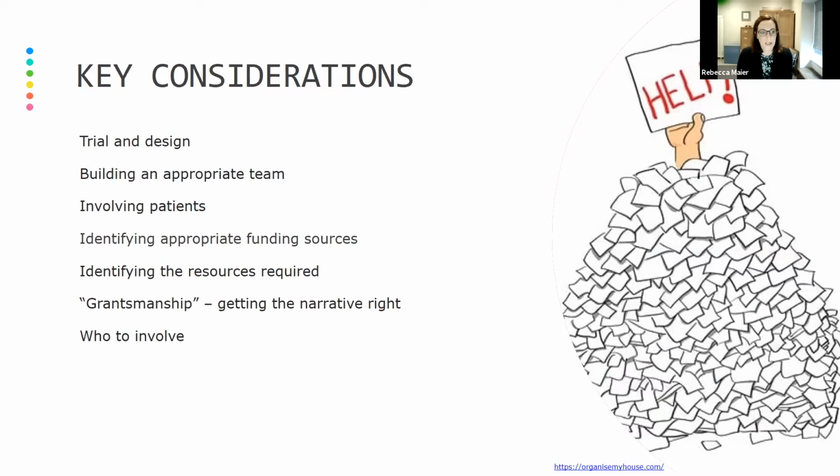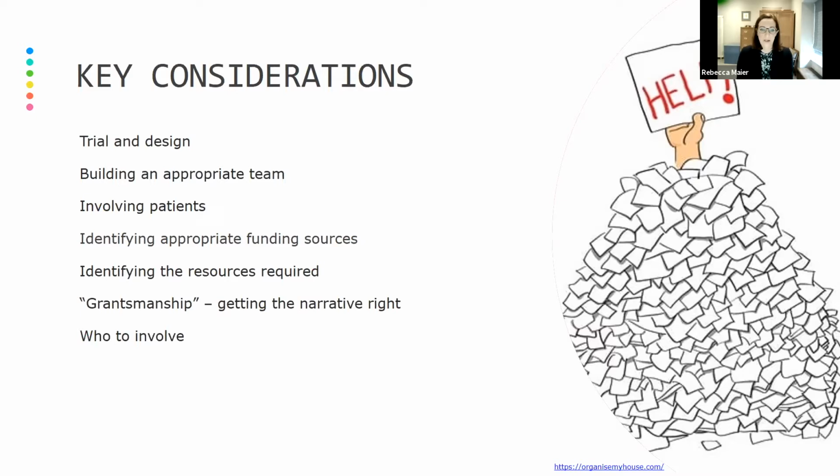So the trial itself, or the study and the design of that, building an appropriate team around a proposal, involving patients, that's the critical element to trials and research generally, identifying appropriate funders for the research, for the trial or study that you're planning, identifying actually what is required to run your study so that you can ask the funder for the appropriate amount of resource.